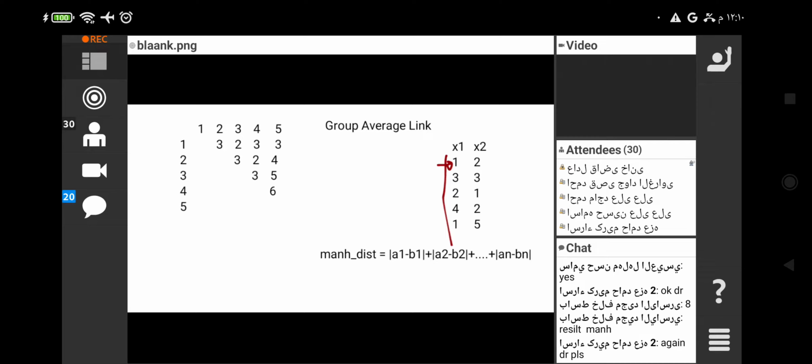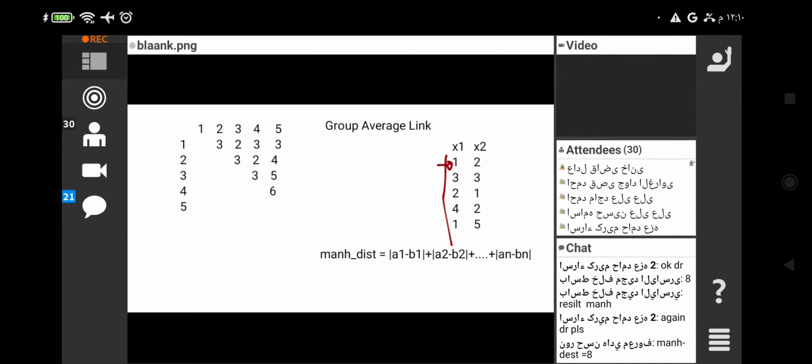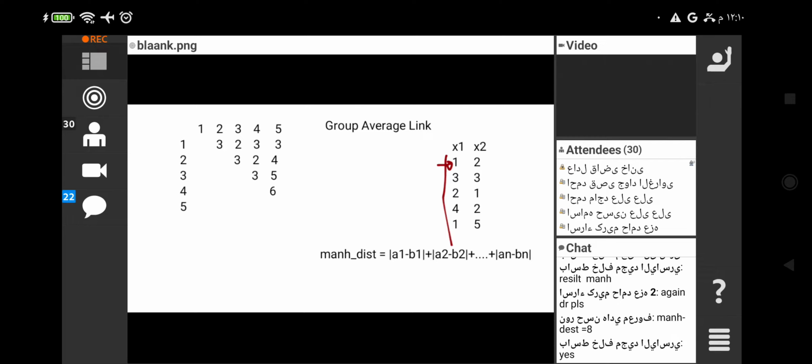Because these are the results. These are the results here, okay? As you see, this table is the result. Okay, this table is the result, the Manhattan distance.